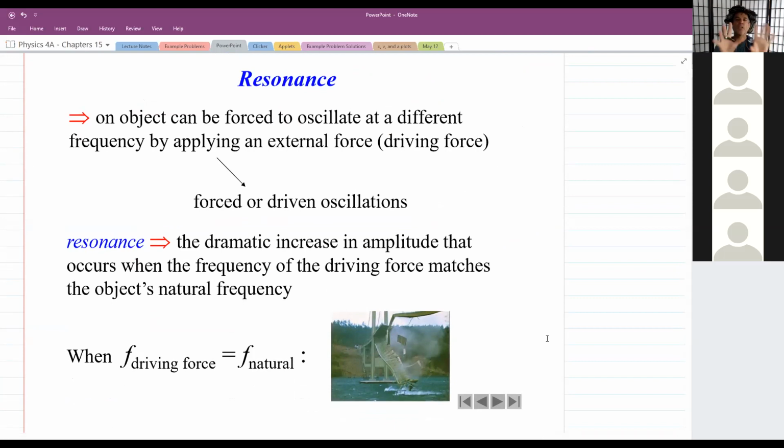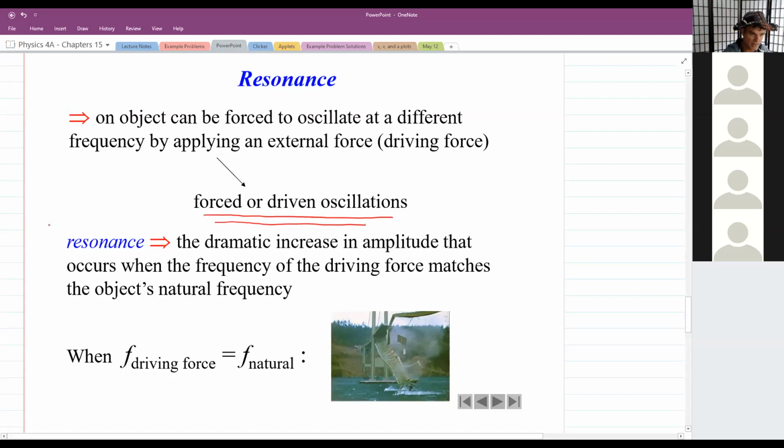If I push my daughter on the swing at a certain frequency, I can make her oscillate at that frequency. That's called forced or driven oscillations. So I'm forcing something to oscillate at a given frequency by exerting a force on it. Or if I have a mass connected to a spring, I could keep exerting a force on that mass at a given frequency and make it oscillate at that frequency.